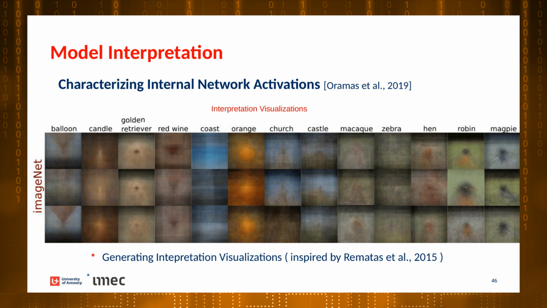So for example, if we look at the robin case in the end, we see that we have a close-up of the head of the bird and other images that are a bit more zoomed out. And the same we can see, for example, with the balloon, where we see different parts of the balloon, or here focusing more on the basket. So the idea is to get a notion of what these characteristics are. Of course, depending on the dataset, these visualizations will be more or less clear.